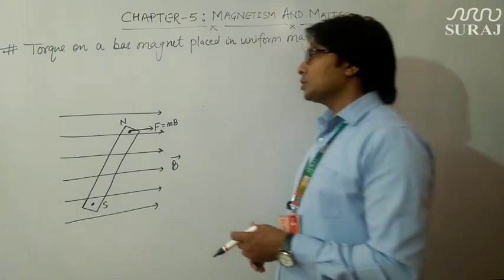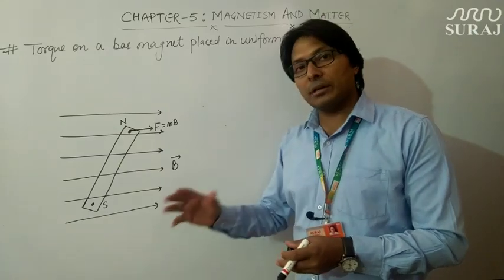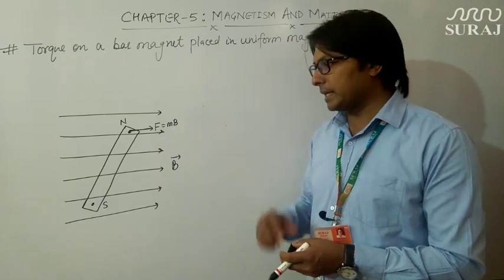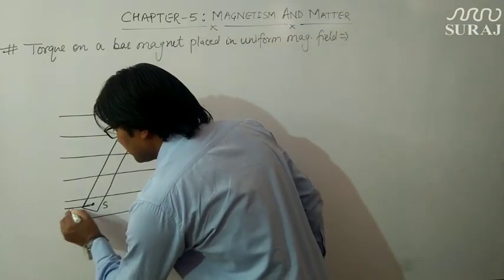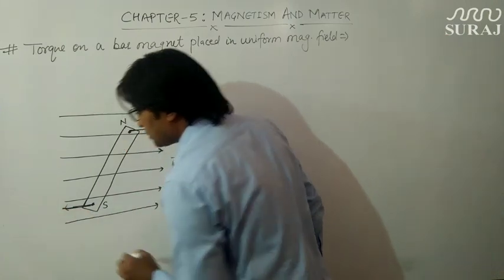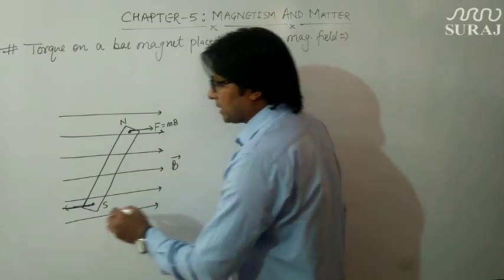So the north pole is similar to positive charge and the south pole to negative charge. The south pole will experience the same magnitude of force because both have the same pole strength, but the direction will be opposite to the magnetic field.